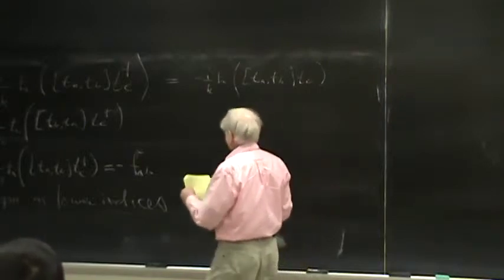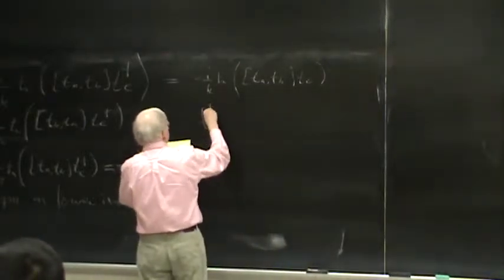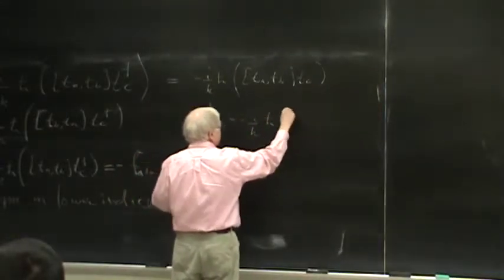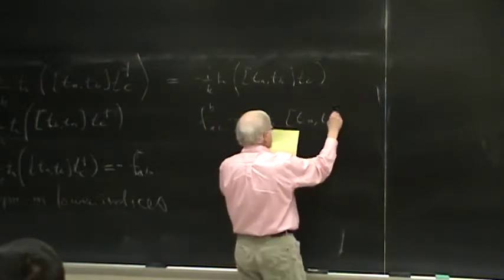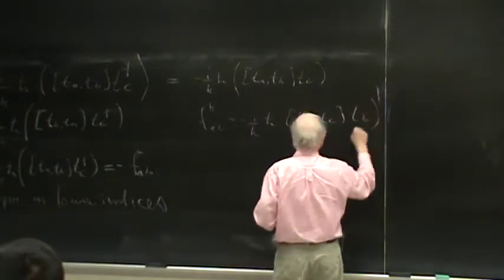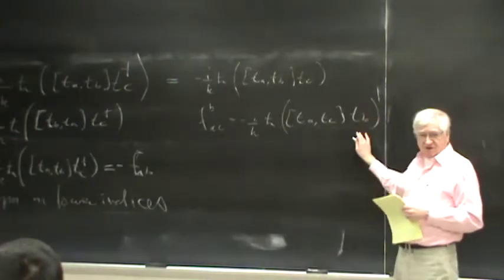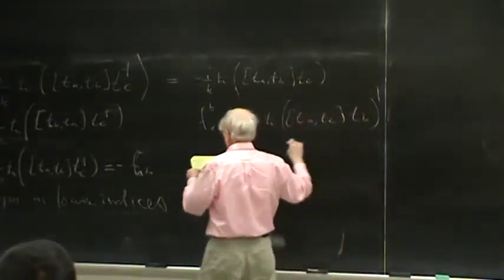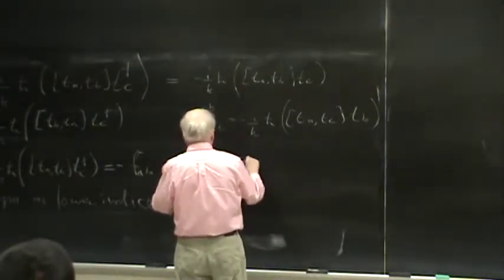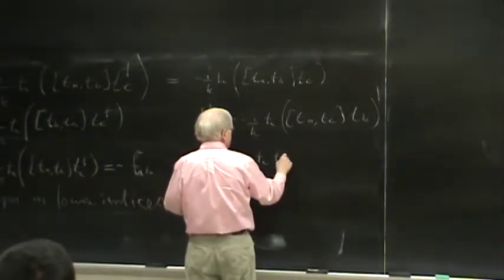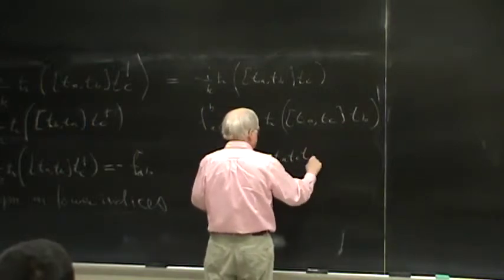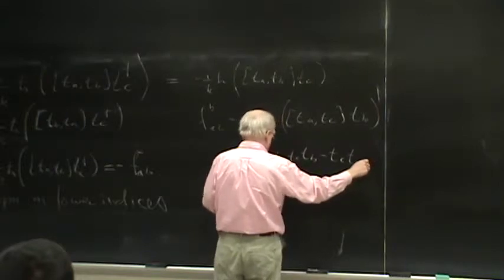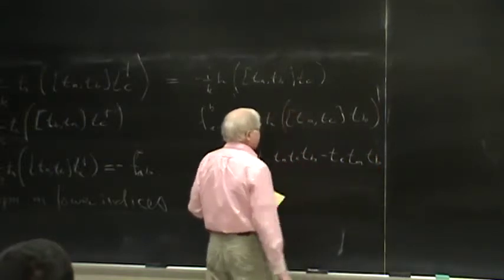And now let's consider what f_BAC would be. Then that would be minus i over K trace of TA TC TB. No adjoint because it's a unitary representation and the generators are Hermitian. But then this is minus i over K trace TA TC TB minus TC TA TB.